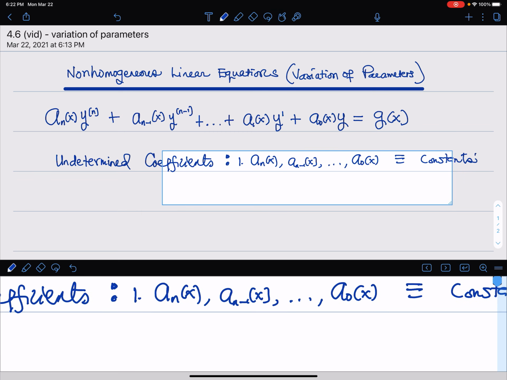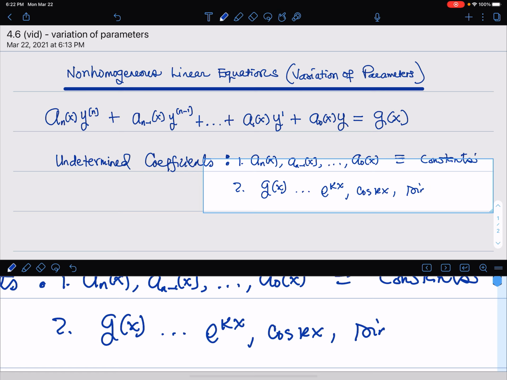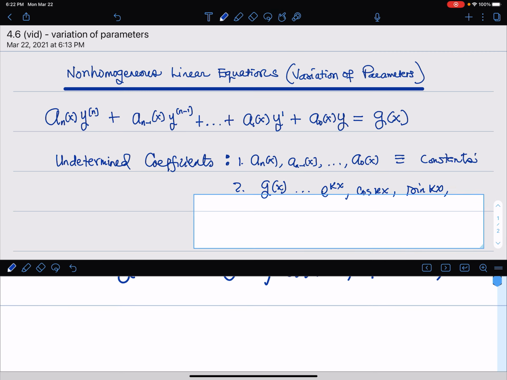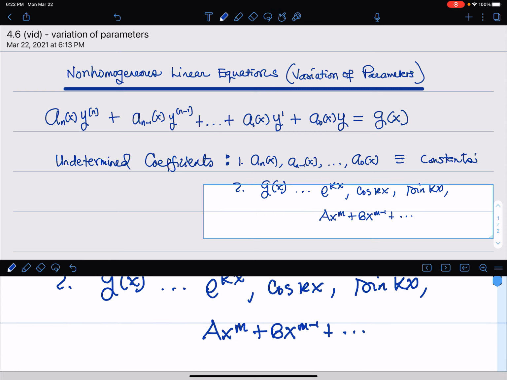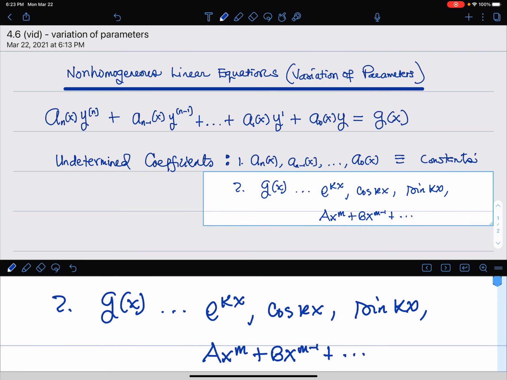And we considered the form where g of x has the form e to the kx, maybe cosine of kx, sine of kx, where k is a constant. And we looked at when it has the form of a polynomial, say ax to the power of m plus bx to the power of m minus 1, all the way to some constant, or some combinations of these functions.